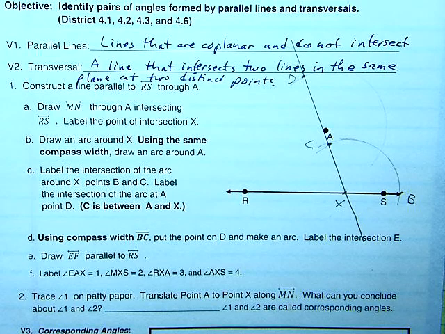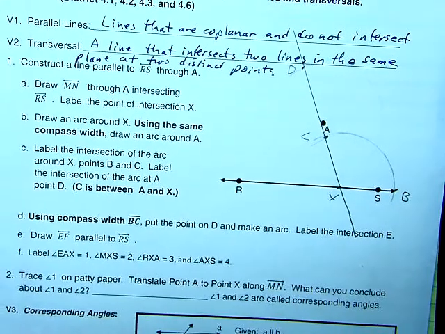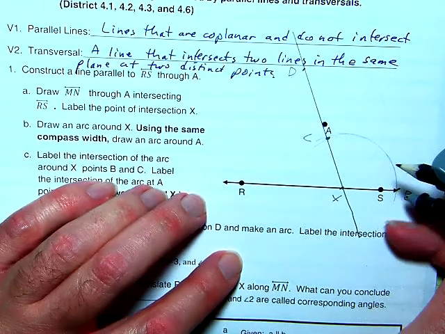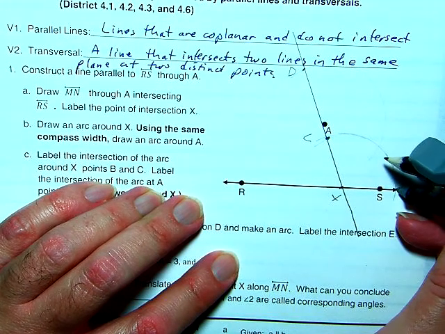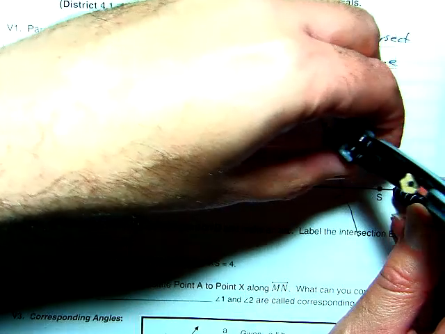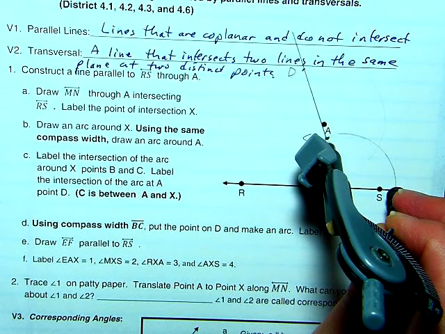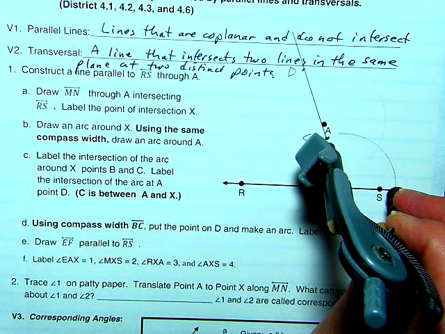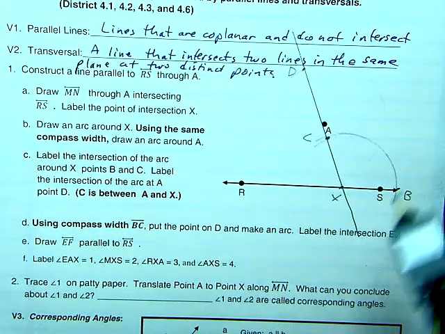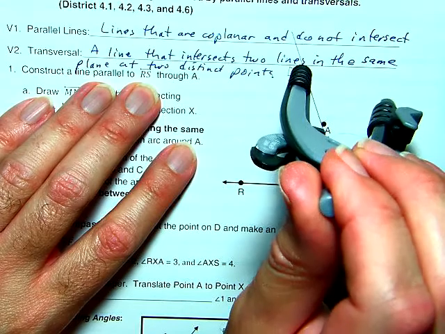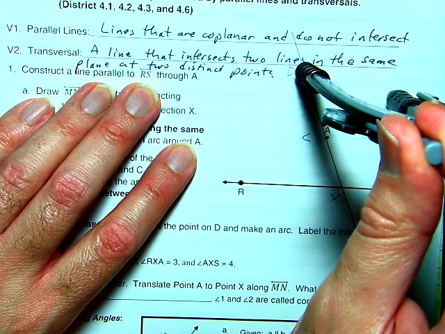Okay, now this next part is the critical part. I have to measure BC, the width between B and C, with my compass. So I'm going to put, let's say, the sharp point on B over here and the pencil on C. And now I'm going to measure the width between B and C, and I am now going to go on point D and make an arc with that exact length, intersecting the other arc that I drew.